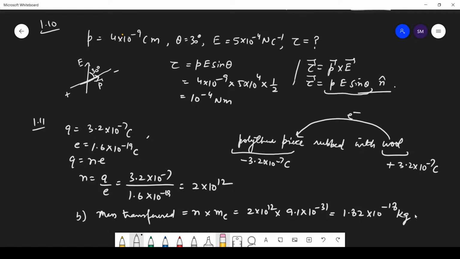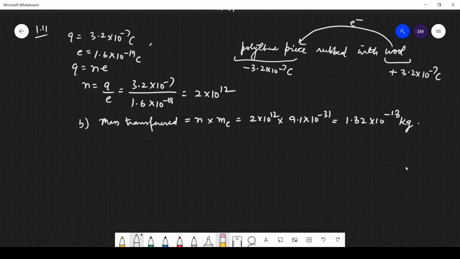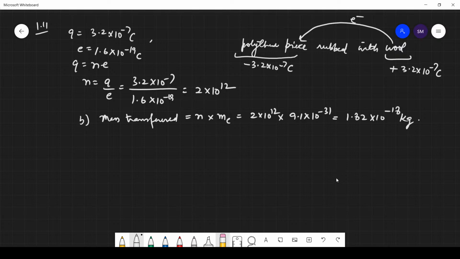Clearly this is very, very small, almost negligible. You cannot detect it or weigh it. Still, yes, there is mass transfer, but it is 10 to the power minus 18 kilogram, almost negligible.